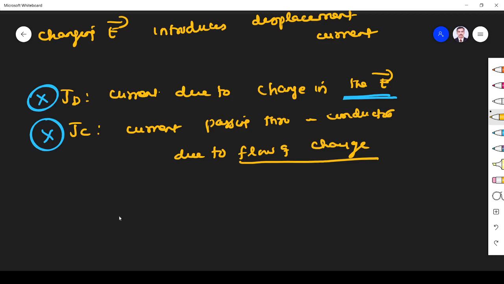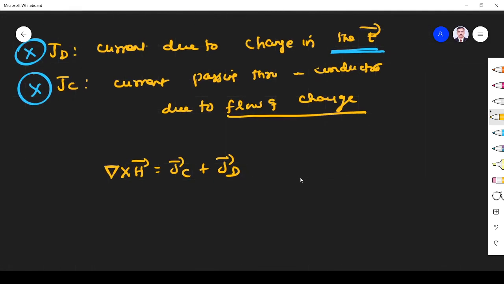Now Maxwell added JD, so del cross H is equal to JC plus JD. Fine. Okay, now JC is conduction current, so that is given by, already we know, JC is equal to sigma E, point form of Ohm's law. JD is epsilon dou E by dou T.